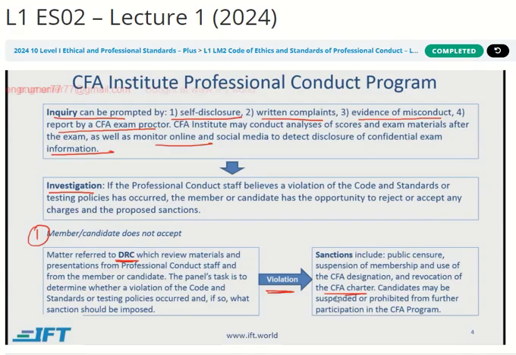So obviously, if the person who is committing a violation is a charter holder, then the charter will be taken away from that person, or potentially that is one of the sanctions. Candidates may be suspended or prohibited from further participation in the CFA program. The other scenario is that the member or candidate accepts the sanctions, and that is shown right here, and then obviously the sanctions will be imposed.